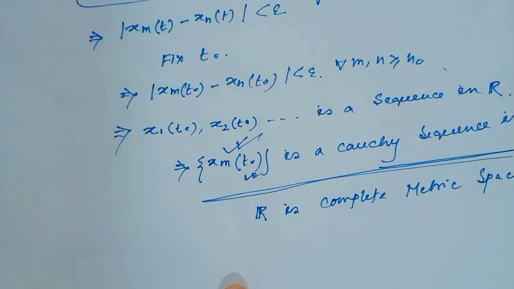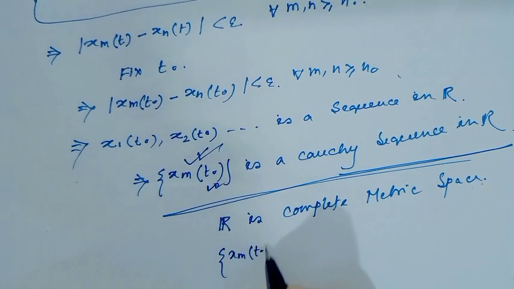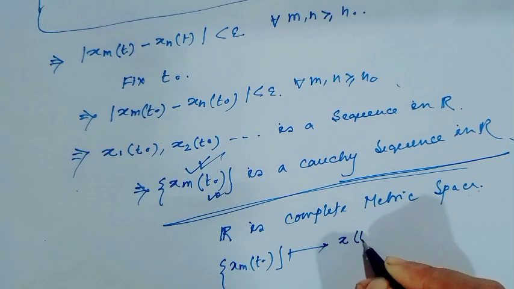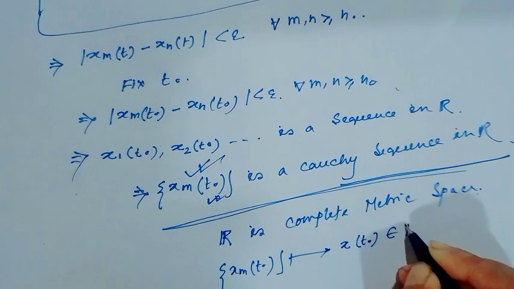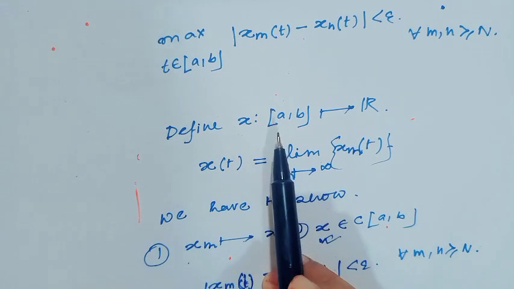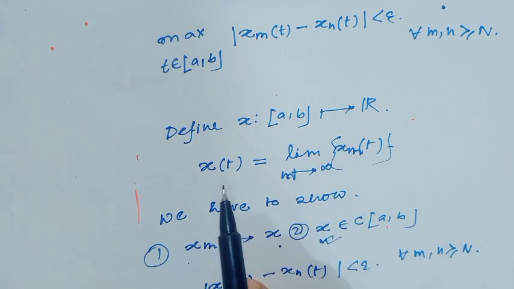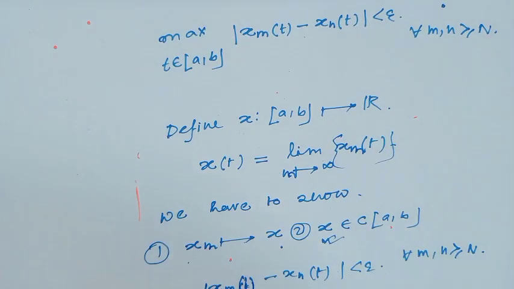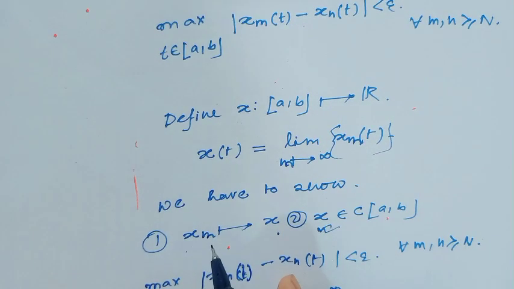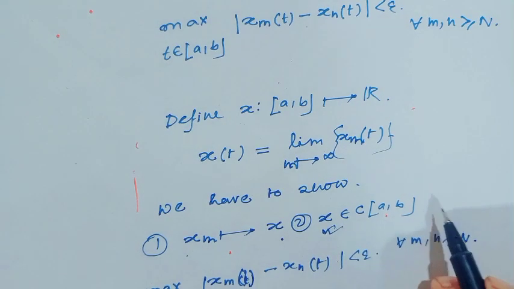So obviously this sequence x_m(t0) converges, and consider it converges to x(t0), which belongs to R. Now define x from closed interval [a, b] to R such that x(t) equals limit m goes to infinity of x_m(t). Now we have to show x_m converges to x, and this x actually belongs to C[a, b].